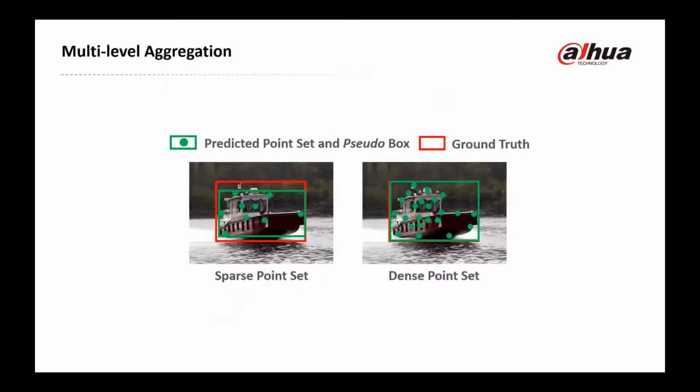Considering that each head outputs only a small set of representative points, tracking accuracy is greatly limited as an inaccurate pseudo-box is obtained from the sparse point set. Thus, we propose to collect the representative points obtained by each head to construct a dense point set that is beneficial for accurate target state estimation.